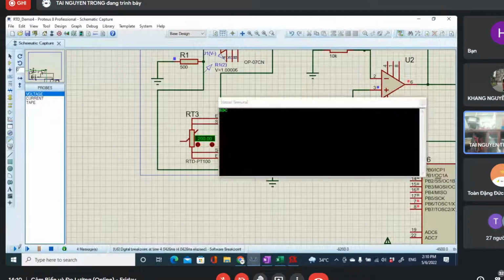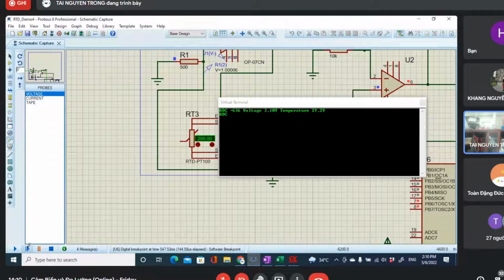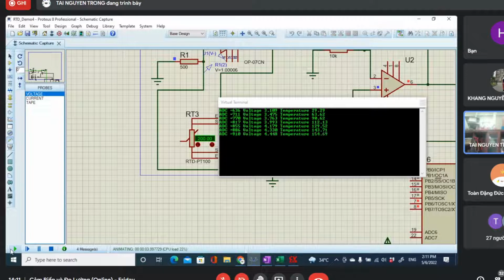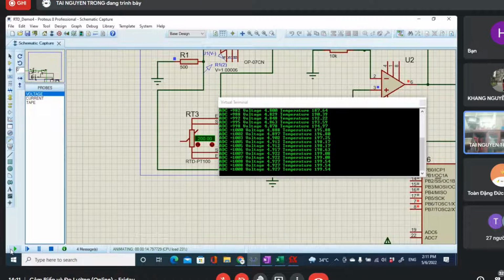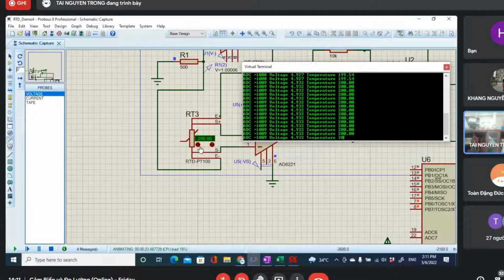Run again. Okay, and as you can see now the value is 200 now.